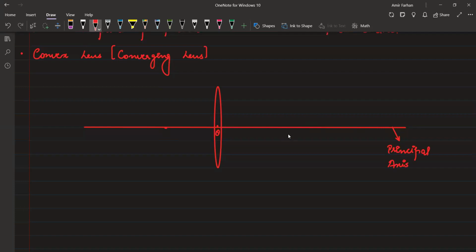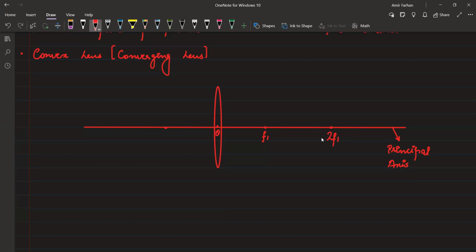This focus on the right hand side, because light travels in the forward direction, is called the primary focus, or f1. In books it sometimes is given as f2 and sometimes as f1, but it doesn't matter, so no need to worry about this. And this is called 2f1, which means twice the value of the focal length, and that will be your center of curvature.